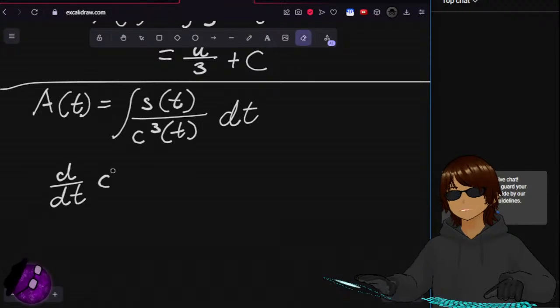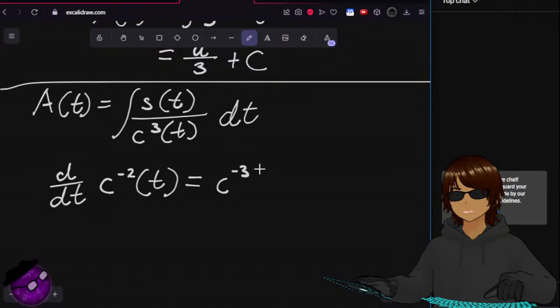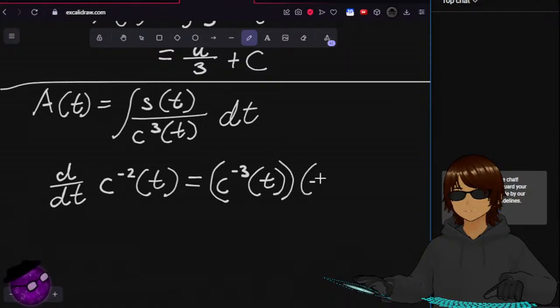No, I think 1 over. No, not 1 over. Yeah, minus 2t. So the derivative of the outside will be cos minus 3t, and then times this by negative 2, and then the derivative of the inside, which is cos t, is minus sine t.